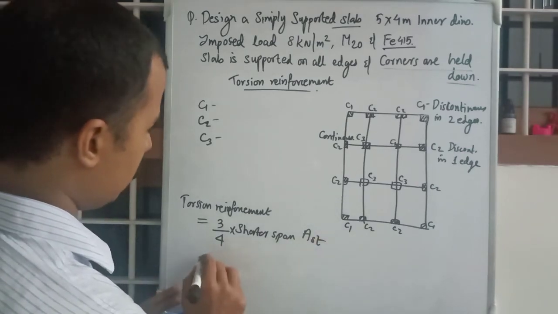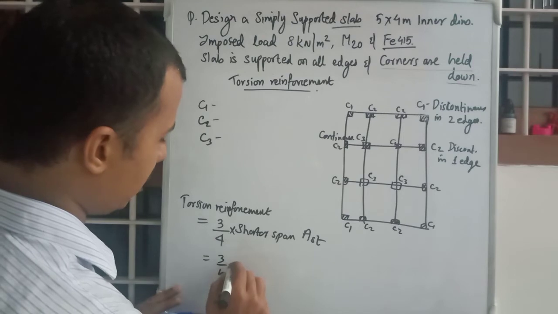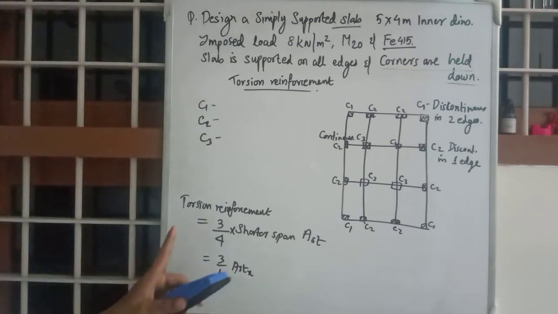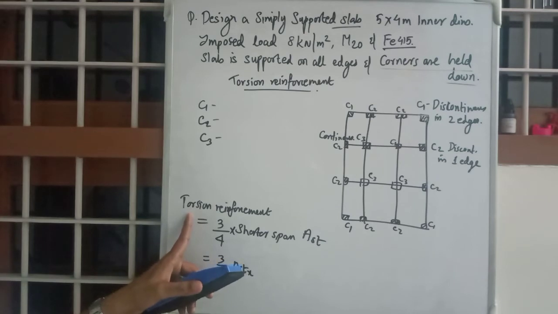So 3/4 ASTX. This will be torsion reinforcement.